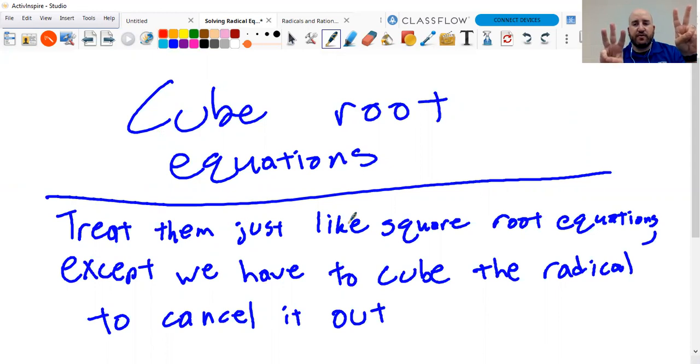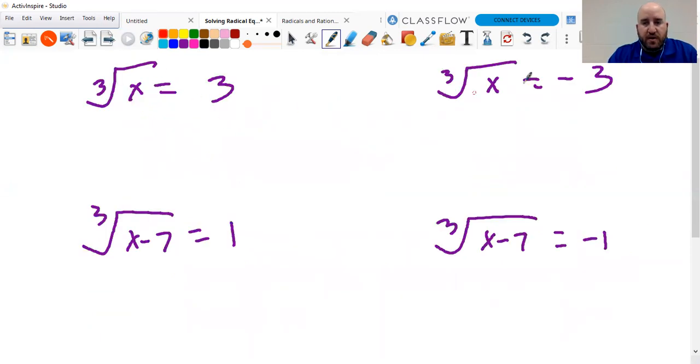If I have a cube root, a 2 up here is not going to cancel out the 3 here. So both of these have to be 3. I have to raise it to a cube, an exponent of 3, to cancel it out.